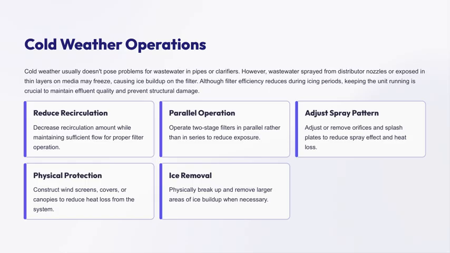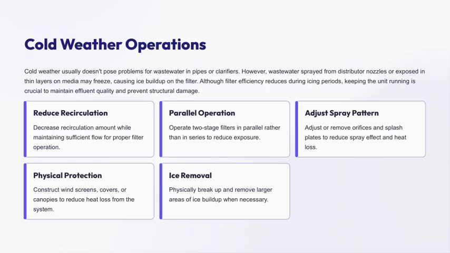Operating two-stage filters in parallel instead of in series can also help because it reduces the exposure of the media to cold conditions. Adjusting the spray pattern by modifying or removing orifices and splash plates can cut down on unnecessary spray and heat loss, which is another effective strategy.